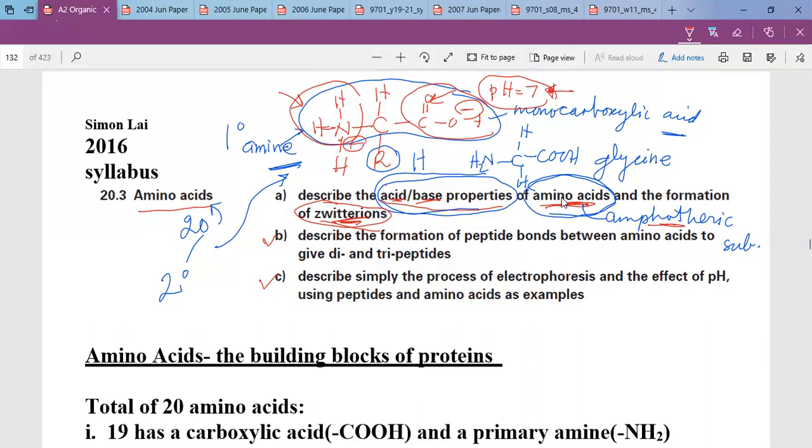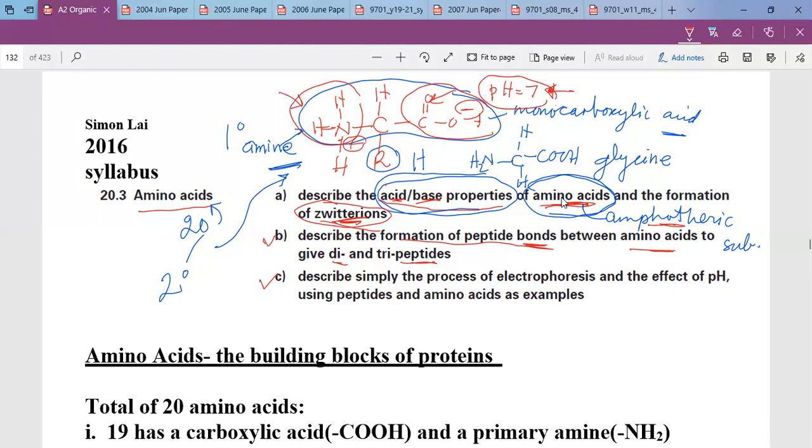So now we talk about part B here: describe the formation of peptide bonds between amino acids to give di- and tripeptides. Now this is the beginning part to go to your proteins, which we will do later. This is the formation of a dipeptide, where two amino acids join together.